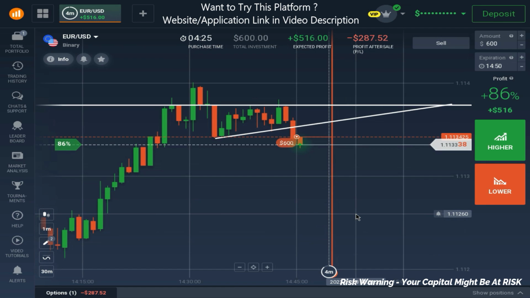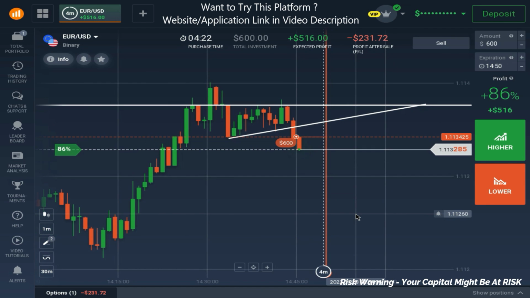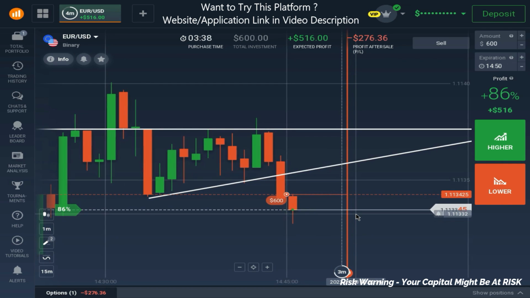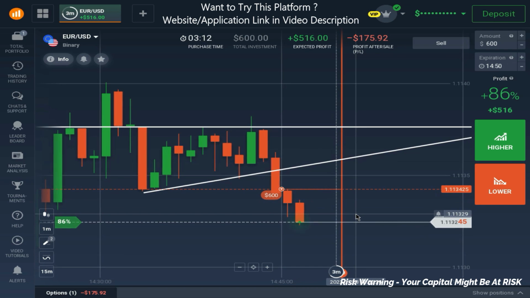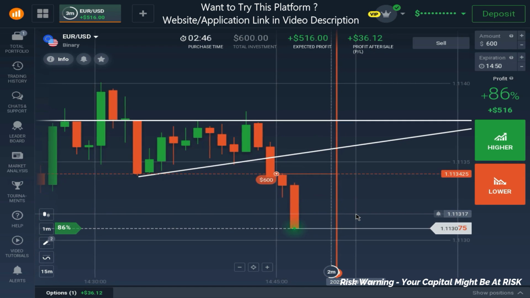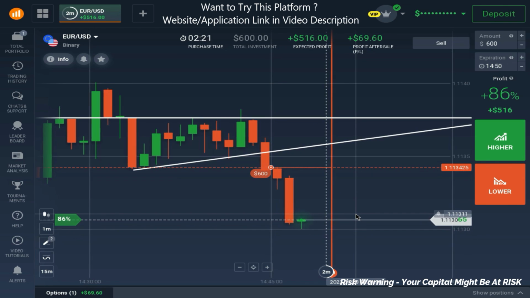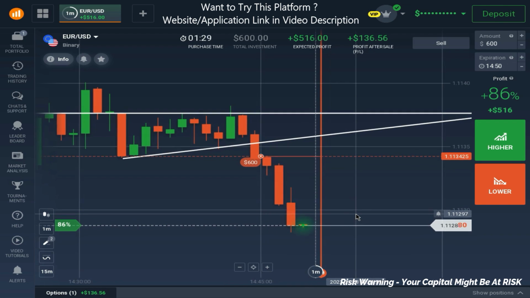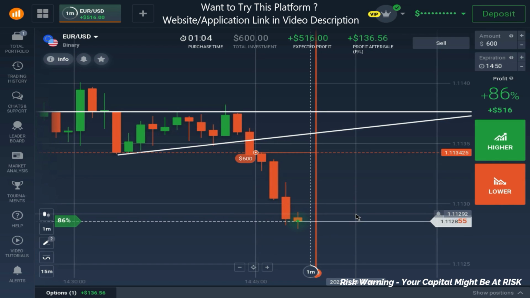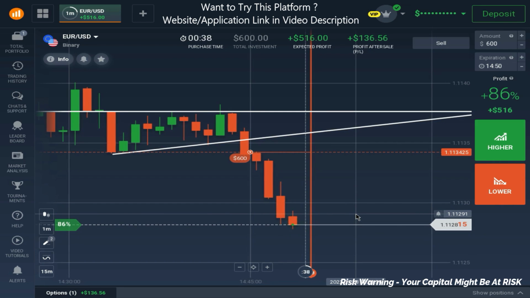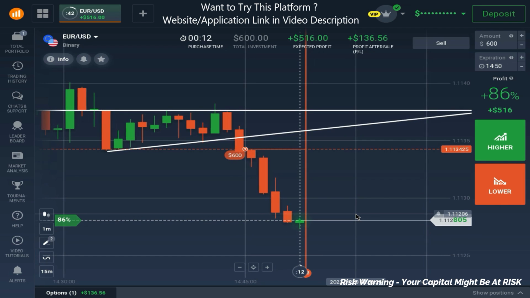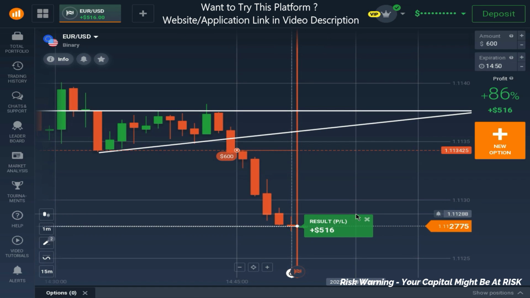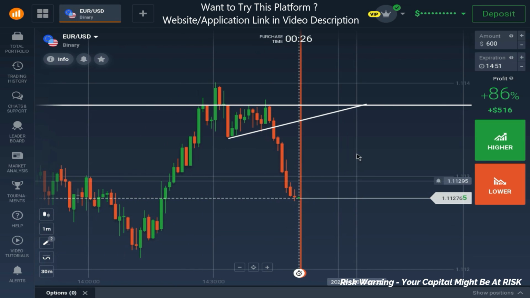Now let's wait for the result, and after the result I will explain why I took this trade. So we have won this trade easily, and it was a clear trading setup.